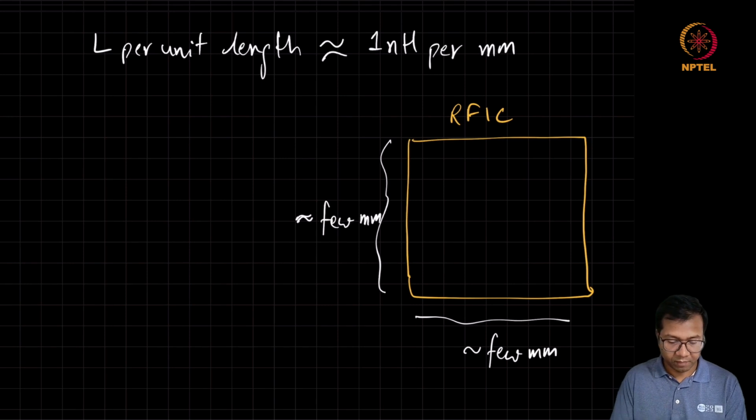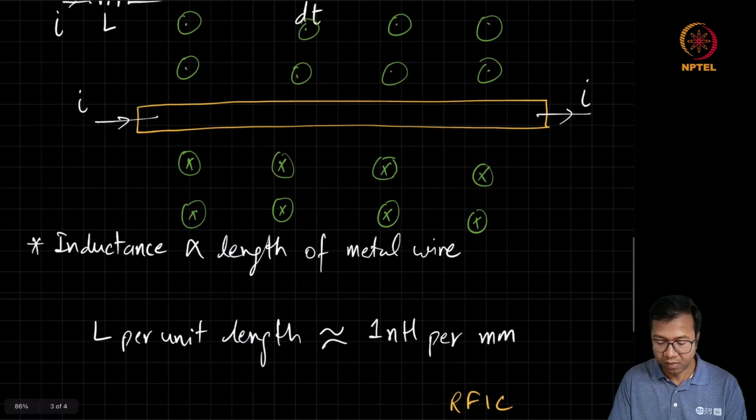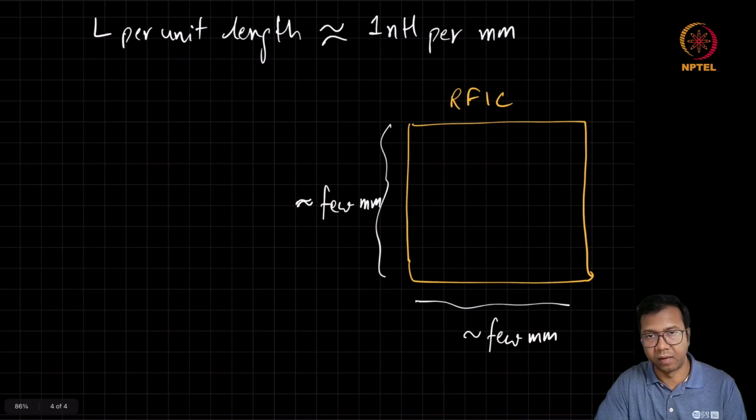So this long routing will also add its own inductance. So to make the inductor practical and to fit nicely on an IC, normally these straight-wire inductors are not preferred. So we want to bend these wires to improve the form factor of the inductor.